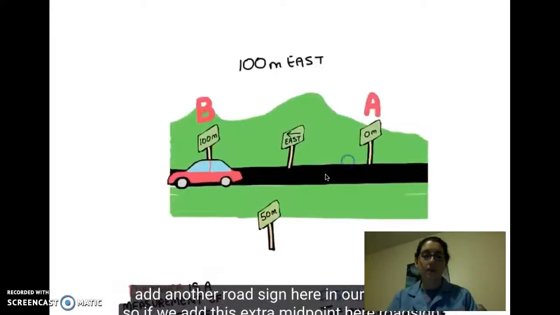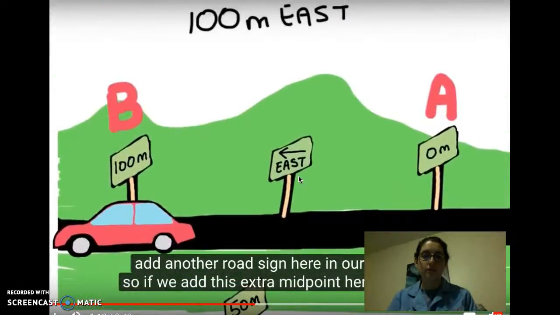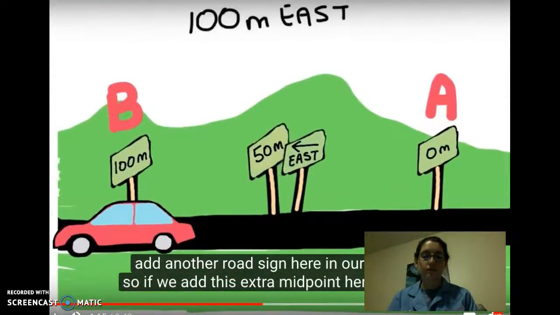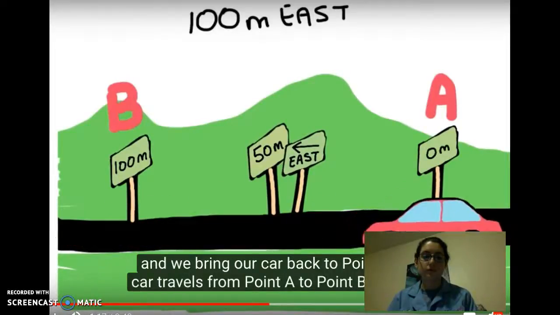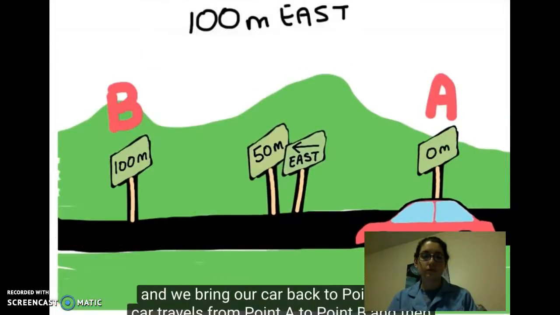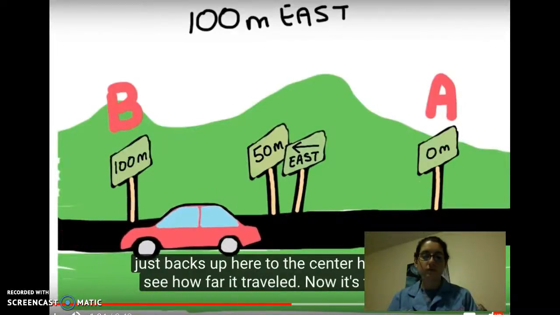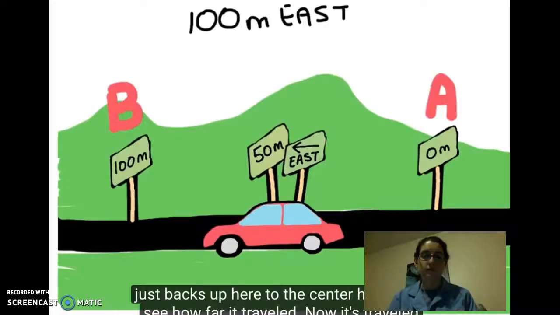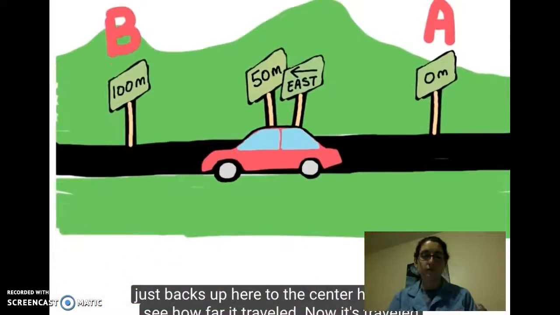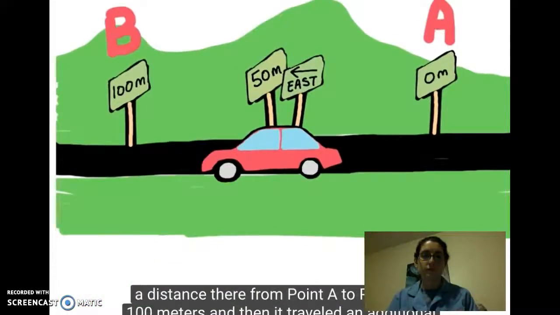Let's add another road sign here in our example. So if we add this extra midpoint road sign, we'll bring our car back to the point A, and if the car travels from point A to point B, and then just backs up here to the center, let's see how far it traveled. Now it's traveled a distance there from point A to point B of 100 meters.